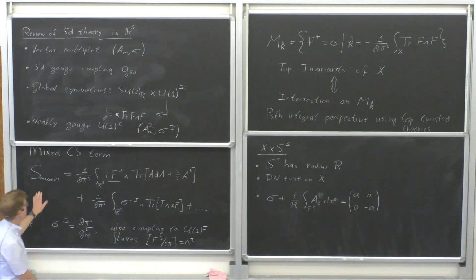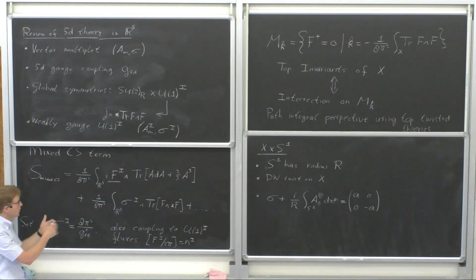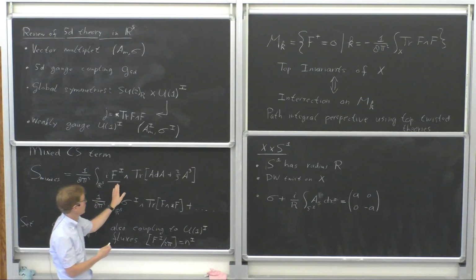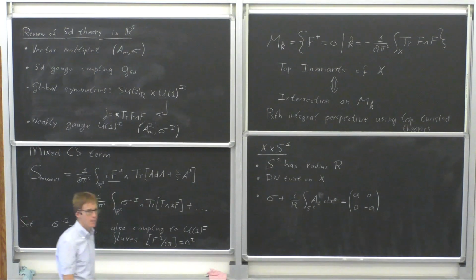No, we consider this as the full action for now. So that's there. There's also a five-dimensional Chern-Simons term, but we are not considering that now. You would get a really different theory, and you would calculate different things.